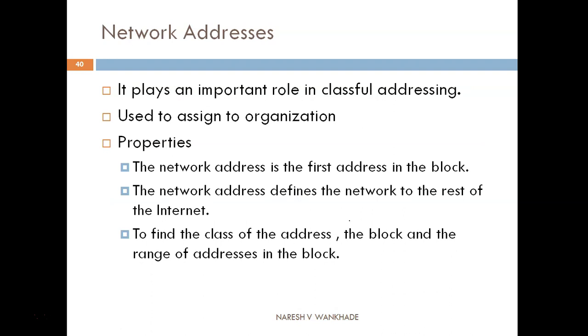Network addresses play an important role in classful addressing, and are used to assign to organizations. Properties of a network address: the network address is the first address in the block. Every address has two parts, network ID and host ID. Classes A, B, and C have these two parts, and classes D and E don't.